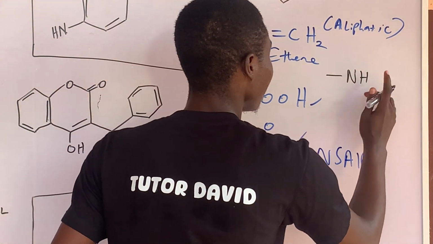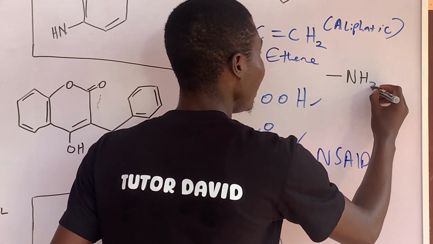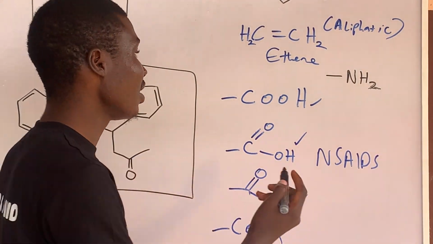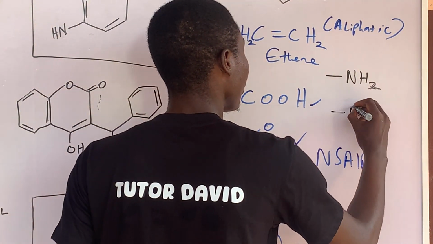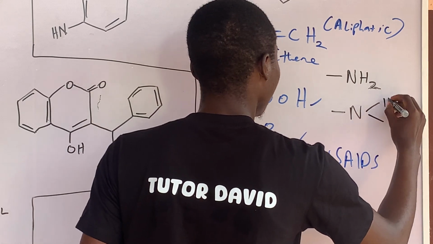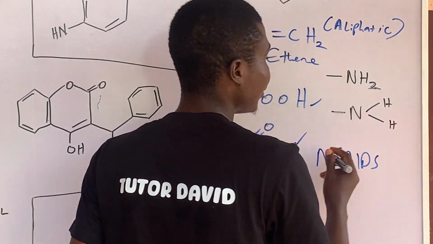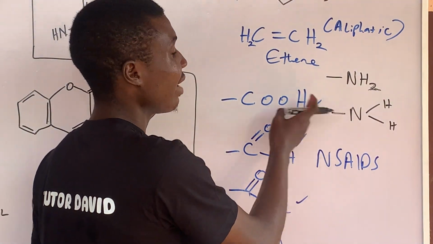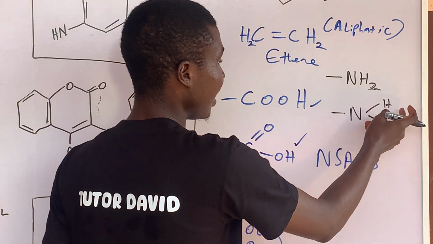Sorry, this is not 3, this has to be 2. The amine group can be primary, secondary, or tertiary. Nitrogen can only accommodate 3 bondings. So if you want to put this in terms of structure, it's going to be N H H. It has 1 bond to whatever carbon, and then it has 2 hydrogens.